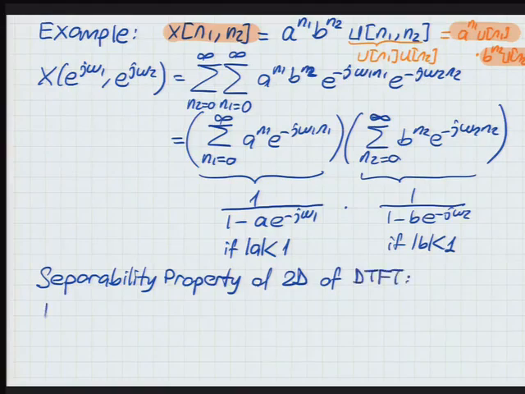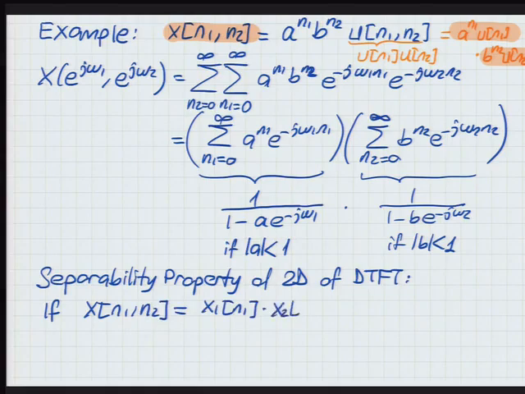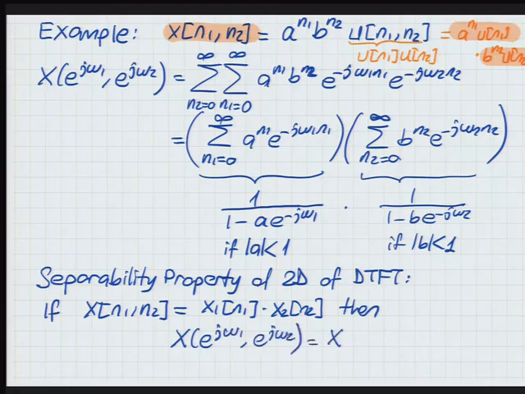Okay? So if our function of n1 and n2 can be written as a function of n1 alone times a function of n2 alone, then the 2D Fourier transform is simply the product of the two Fourier transforms in 1D. Okay?